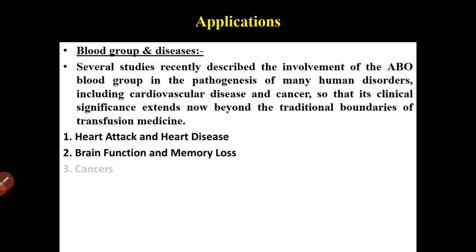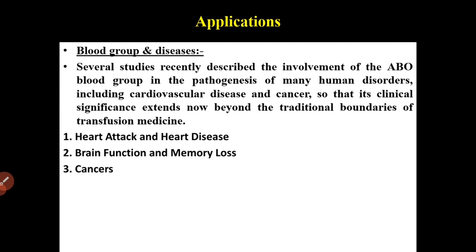Now let's understand how, as discussed, human disorders include heart attack and heart disease. Then second is brain function and memory loss. And third is cancer. Okay. So now we'll understand how they are involved in these human disorders. Fine. Now ABO gene.